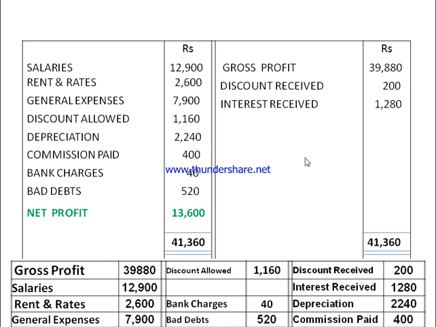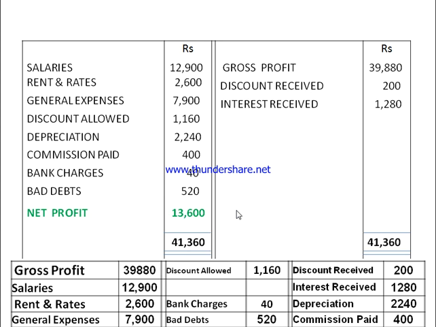As revenues are more than the expenses, therefore the business of Mr. Naeem is earning profit. So revenues are more, expenses are less, and Mr. Naeem's business is running in profit. The profit and loss account of Mr. Naeem has clearly told us that Mr. Naeem is earning a profit of 13,600.